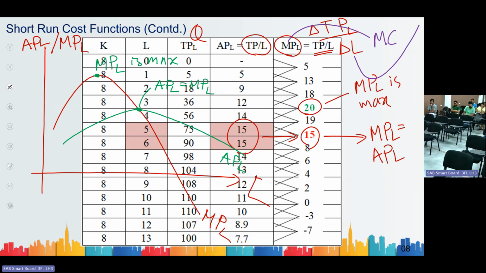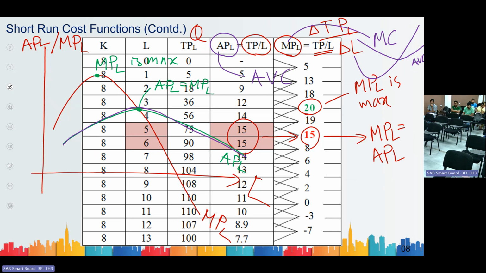On the other hand, average product of labor and average variable costs are related. Average product of labor curve looks like this. Average variable cost looks like this.